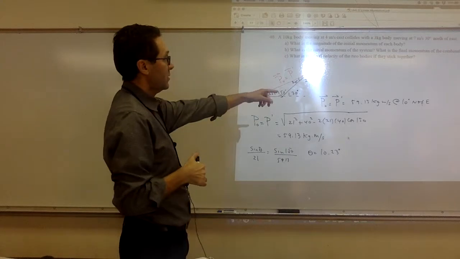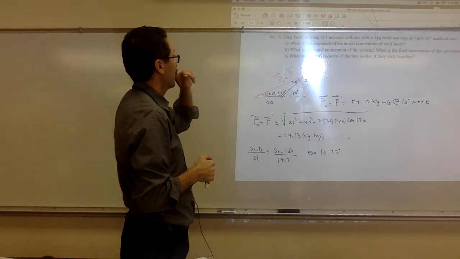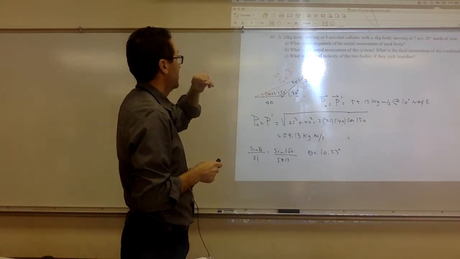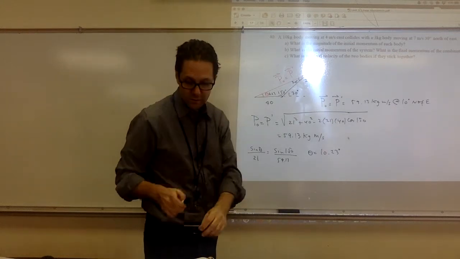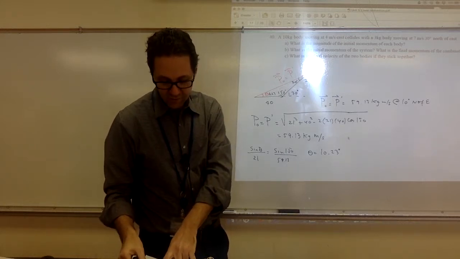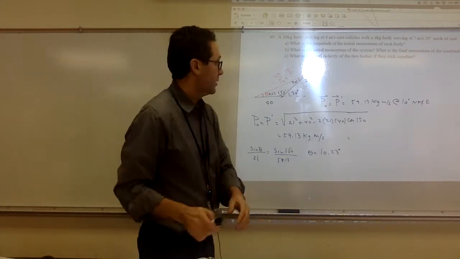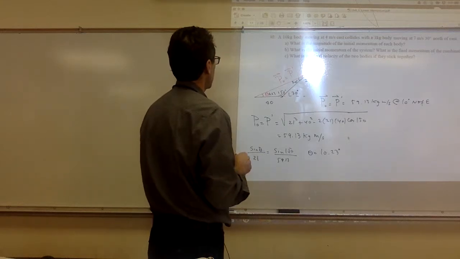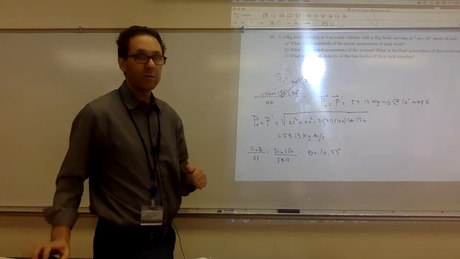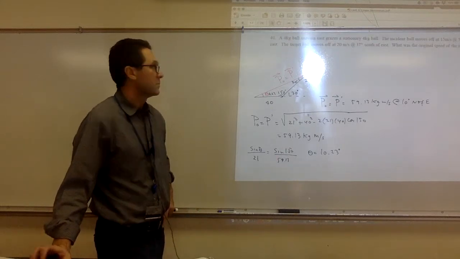You take that 59.13 and divide it by 13 kilograms, because when they combine, they become 13 kilograms. And you should get an answer of 4.55 at the same angle. Okay, so you can look at the answer key and see how I did it with the chart. You can break it up into X and Y components.